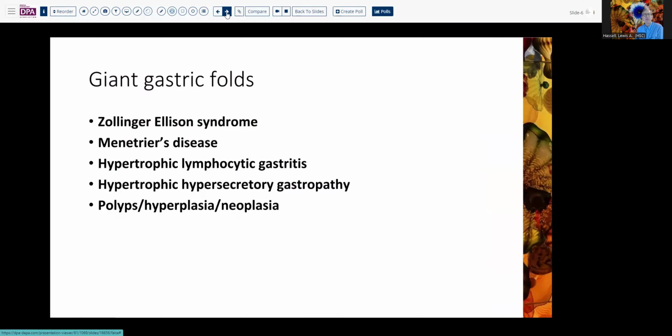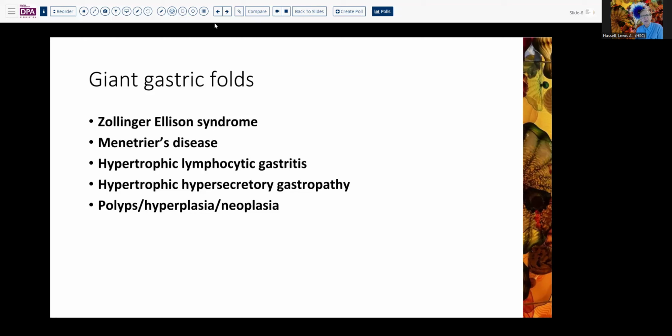And the differential diagnosis for that syndrome or that sort of scenario would include a number of different entities, including Zollinger-Ellison syndrome, some hypergastrinemia, Menetrier's disease, hypertrophic lymphocytic gastritis, various hypersecretory gastropathies, and then things which usually are more localized, but may on occasion have the appearance of hypertrophic polyps like benign hyperplastic polyps, or some types of related neoplasia that may arise from those settings.